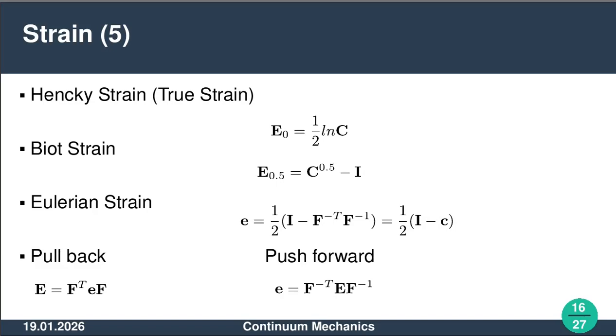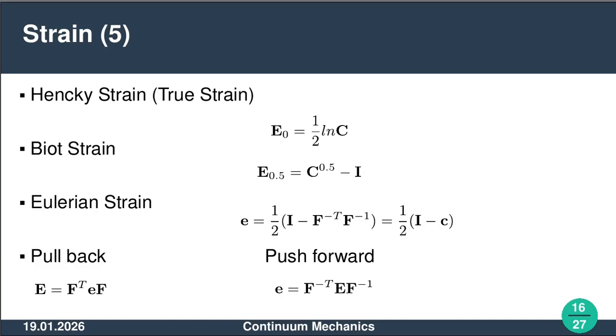It has this true and natural character because in the course of the displacement and deformation, the updated shape is used in the strain calculation rather than the fixed starting one, like other strain measures use. But this comes with the cost of continuously determining the updated shape. We also have a Biot strain when n is 1/2, giving E0.5 equal to C to the power of 0.5 minus identity.